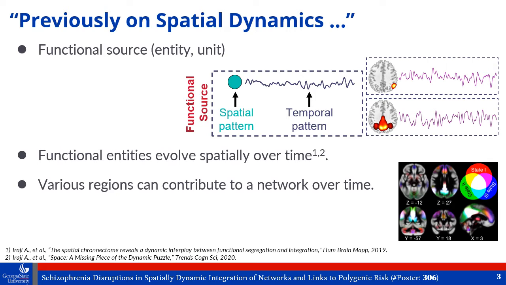But we can see the thalamus is in red, meaning it contributes only in one of the states, which can potentially explain the inconsistency we see in previous static analysis. Some reported the thalamus as a part of default mode, some did not. Here we see the thalamus is part of default mode, but only in a specific dynamic state, at a specific point in time.